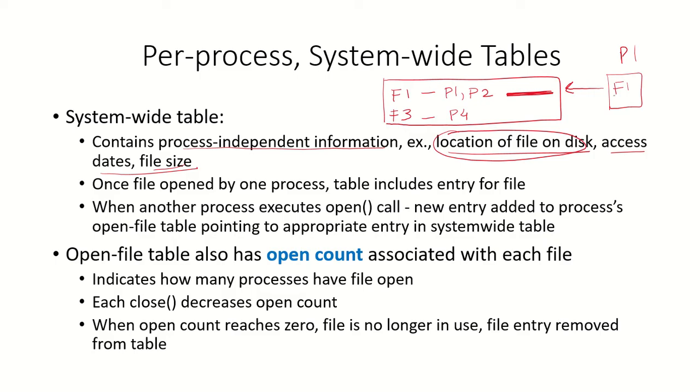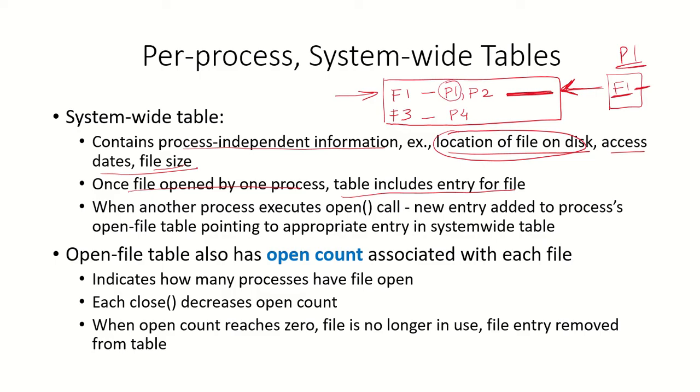So whenever P1 wants to access F1, this file handler, the pointer over here, will point to this entry in the system-wide table, and the location of the file on the disk will be accessed from here. Once the file is opened by one process, the table includes the entry for the file. So if P1 has opened file F1, its entry has come over here.